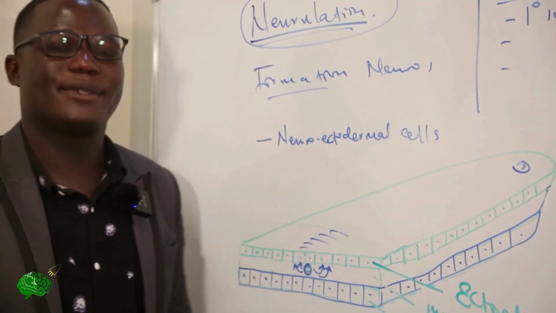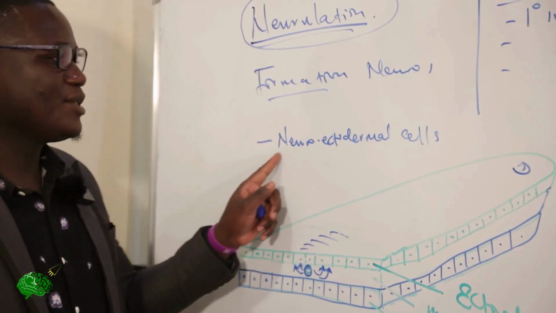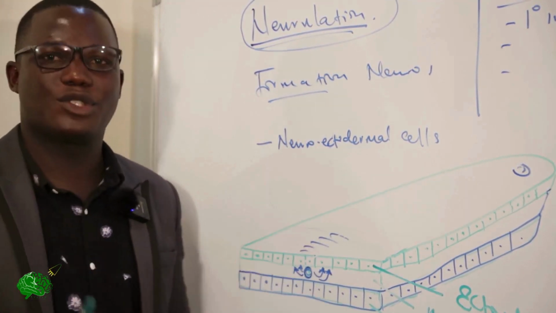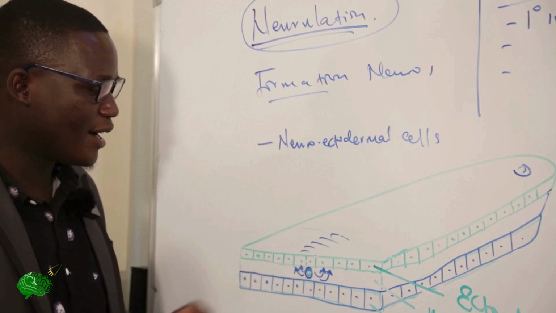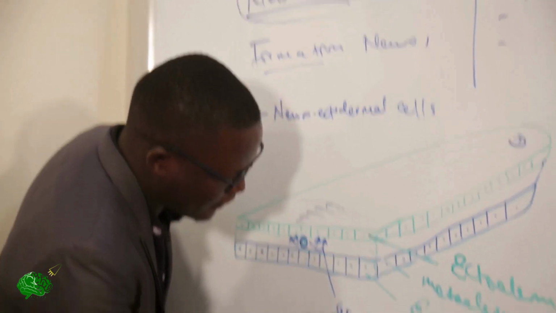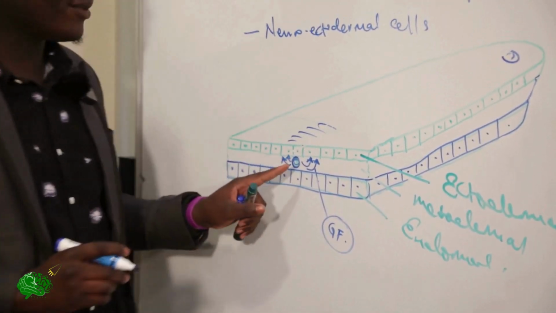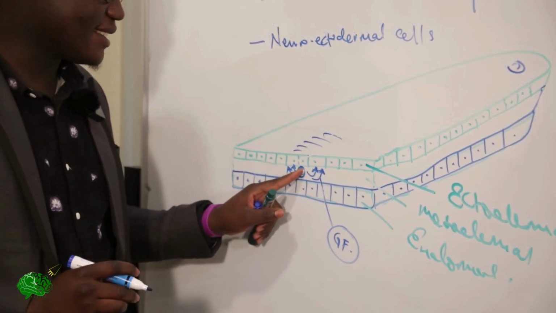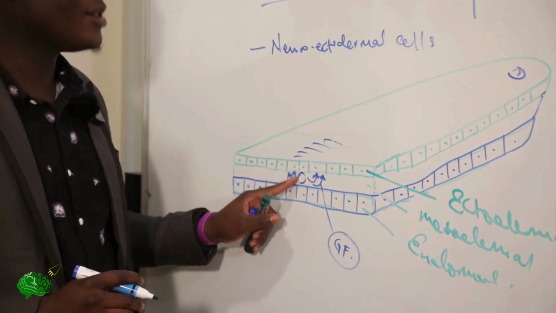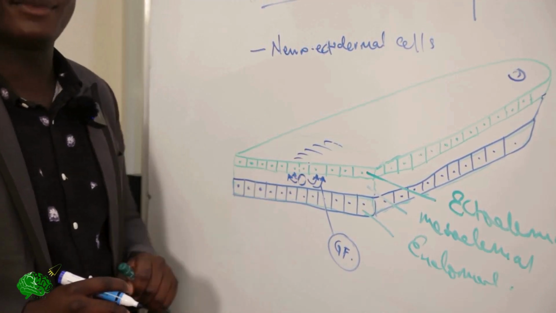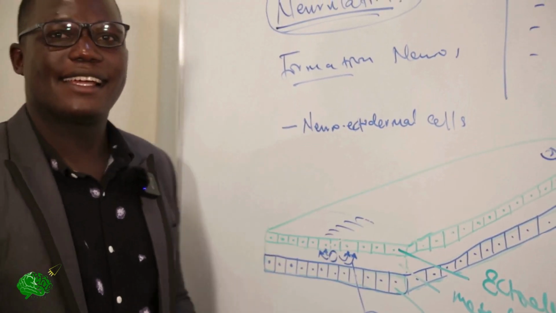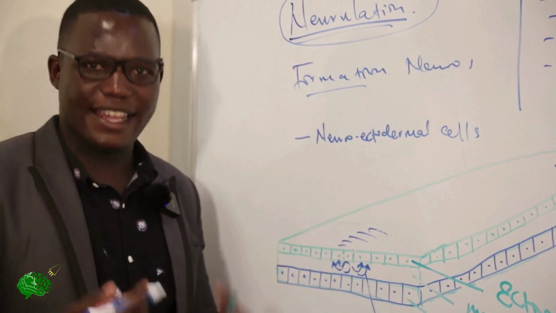These neuroectodermal cells also undergo further differentiation as more and more growth factors go up. As more growth factors are being released by the notochord, these neuroectodermal cells begin to thicken.